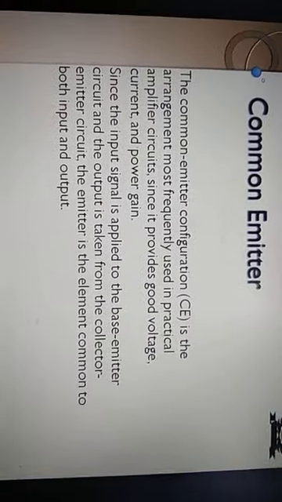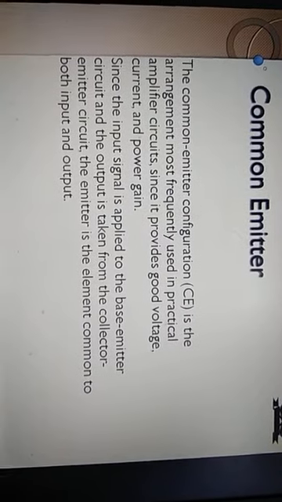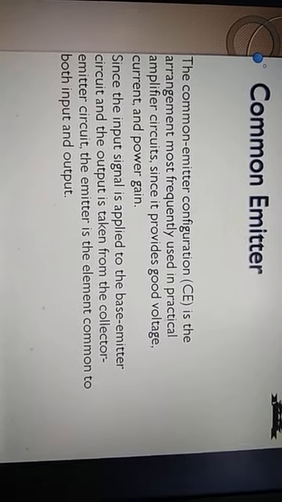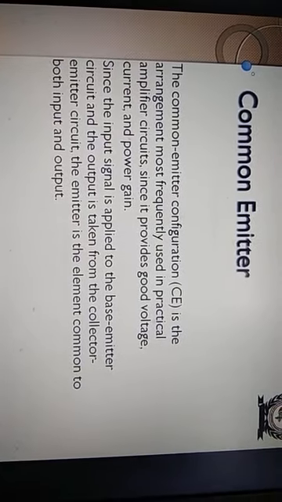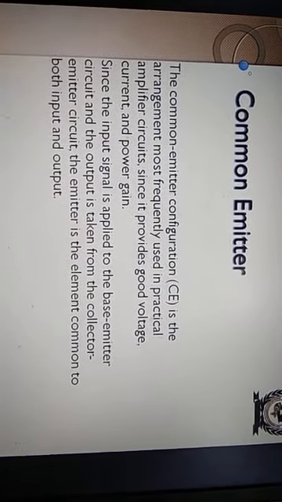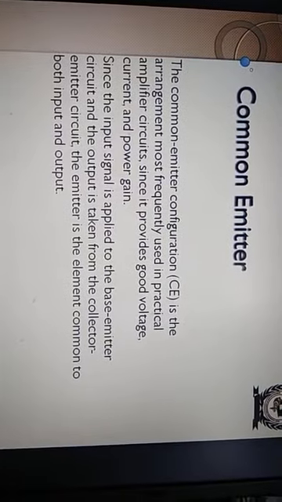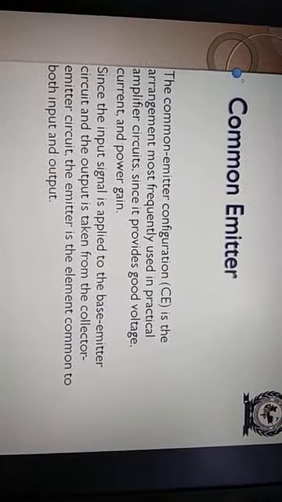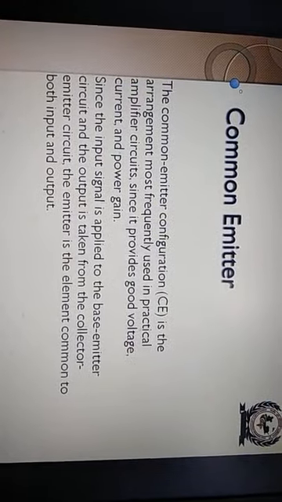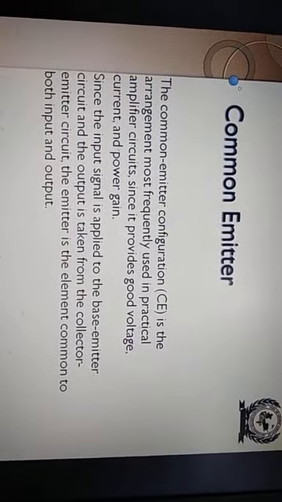In case of the common emitter, emitter is common between base and collector, and the current gain of the common emitter is given by beta. That is, output is taken from the collector and input is given to the base. So IC upon IB is the current gain for the common emitter configuration.